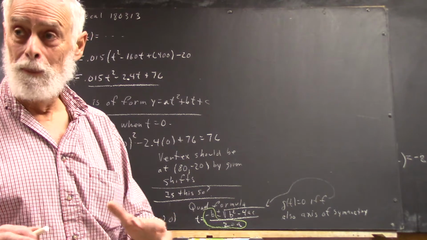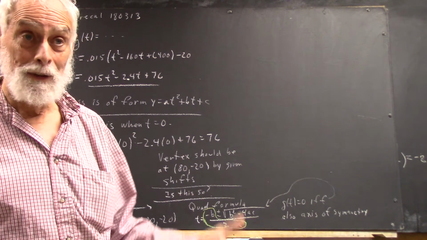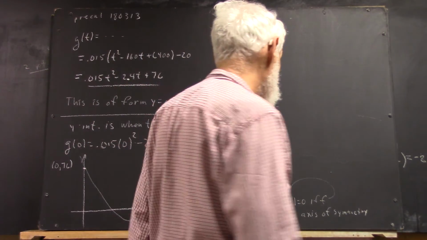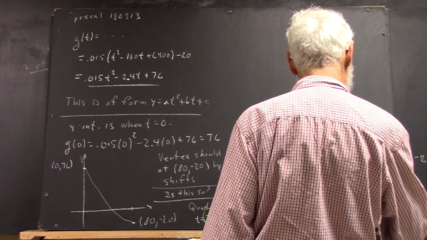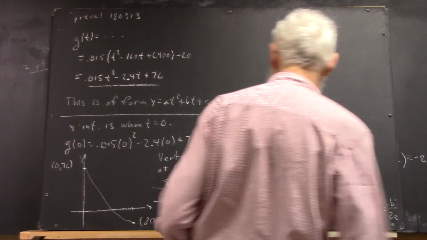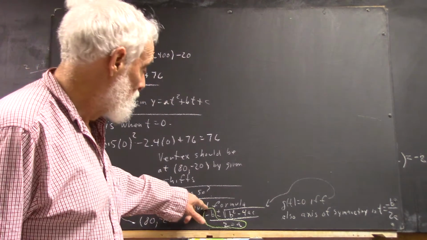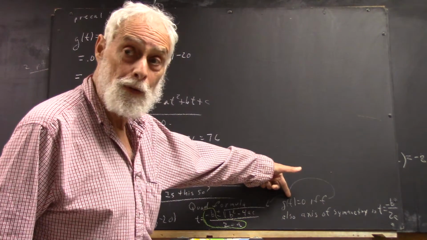And one of the points I want to make is that you need to do a good review before you take a test, because that's where you pull things together. Anyhow, your axis of symmetry is t equals negative b over 2a, which comes directly out of the quadratic formula, because negative b over 2a is halfway between the two points where the thing is 0.